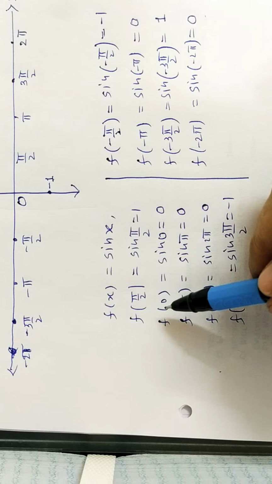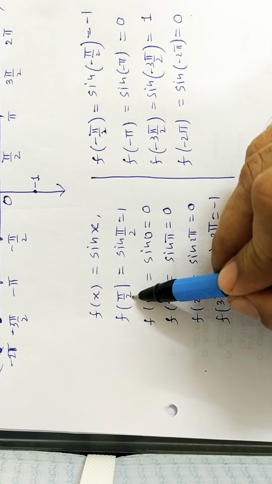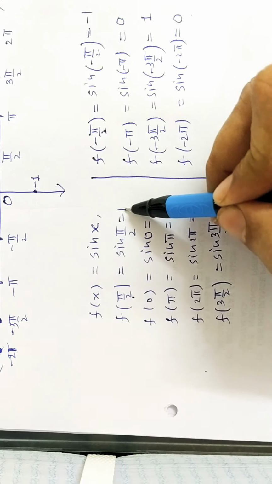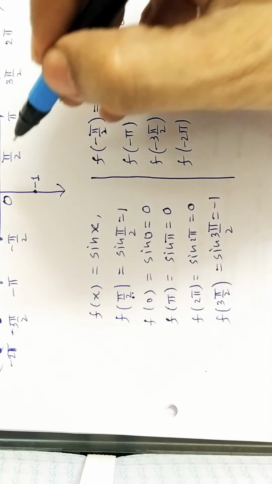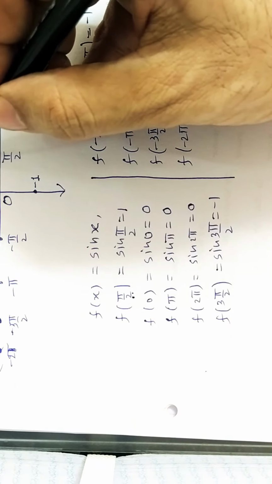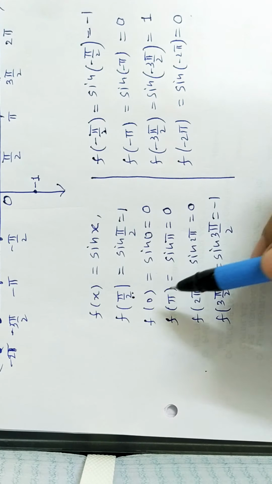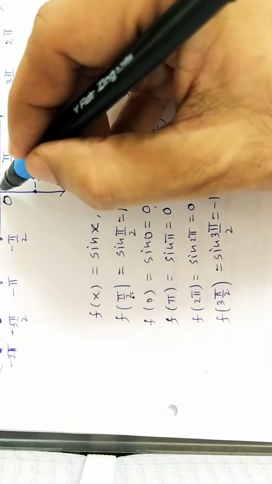Here you can see, if x equals pi by 2, then the value of f(pi by 2) is 1, so the y coordinate is 1. So pi by 2 corresponds with 1. 0 corresponds with 0.